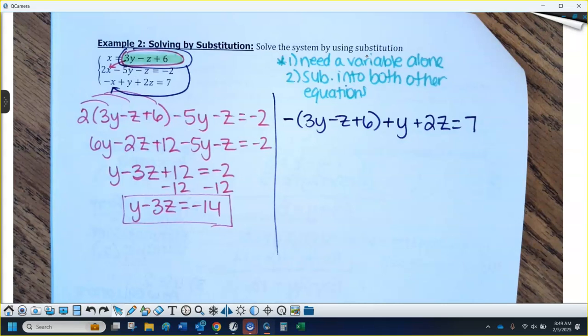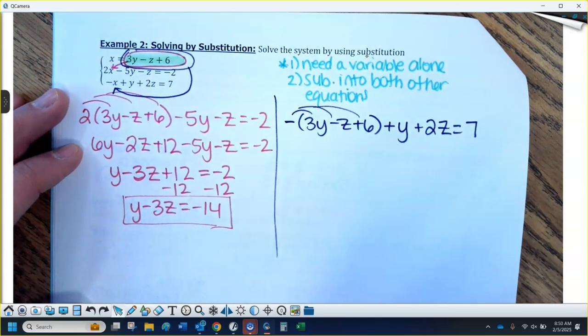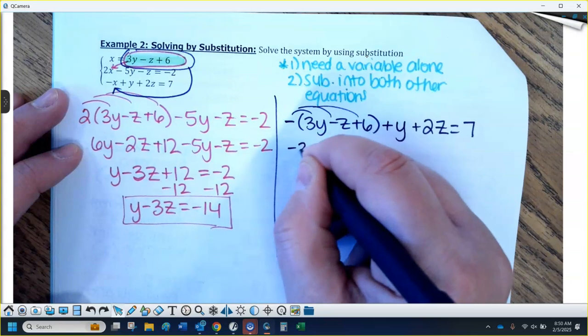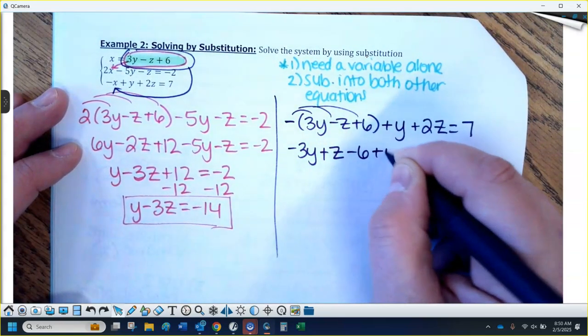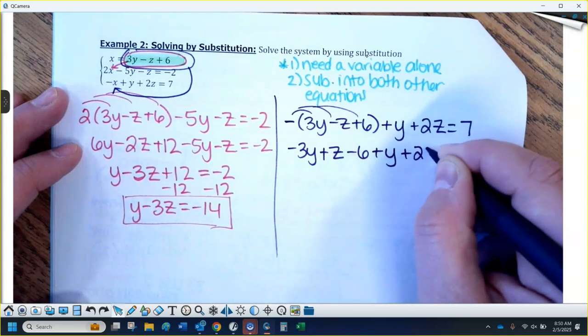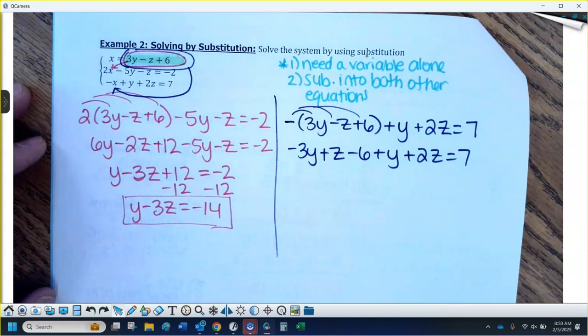Now, while we're doing this, we're trying to create a system that only has 2 equations with 2 variables. So when I substitute in for x, we're getting rid of x in each of those 2 equations. When I get done with this, we'll have 2 equations that'll both have y and z. Now this negative just changes the sign, positive or negative. So this will be negative 3y plus z minus 6 plus another y plus 2z is equal to 7. I'm going to combine some like terms here.